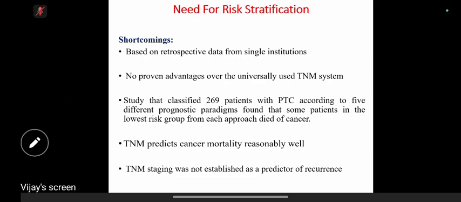A study that classified 269 patients with papillary thyroid carcinoma according to 5 different prognostic paradigms found that some patients in the lowest group from each system died of cancer. So TNM predicts cancer mortality reasonably well, but TNM staging was not established as a predictor of recurrence.